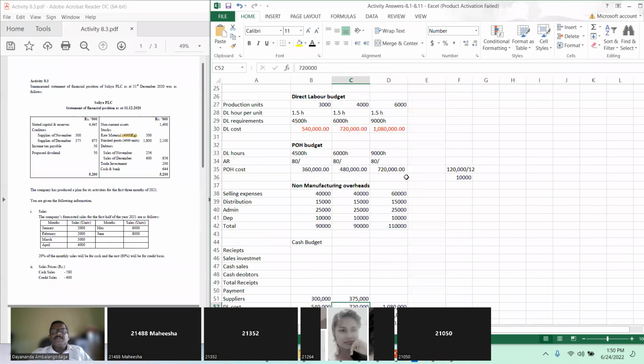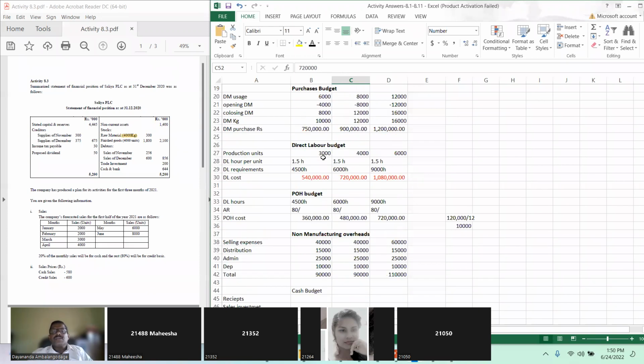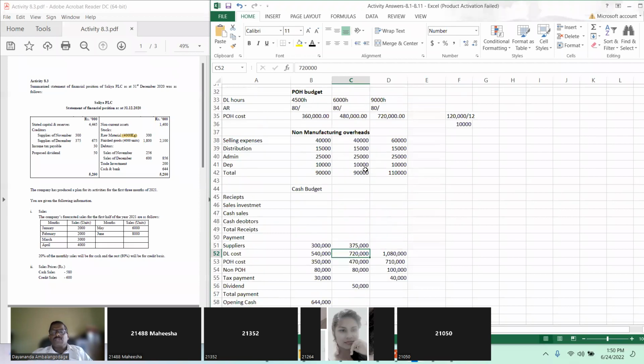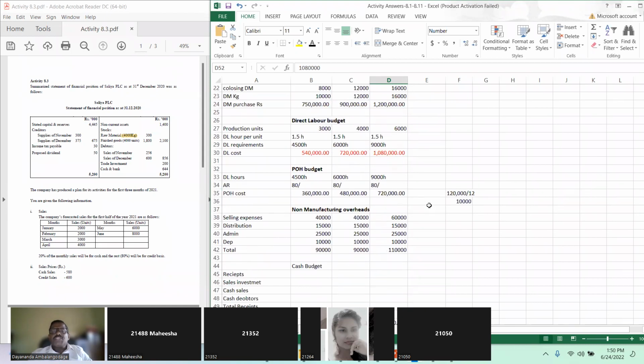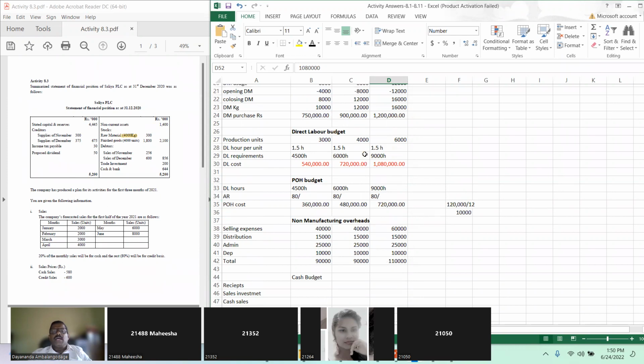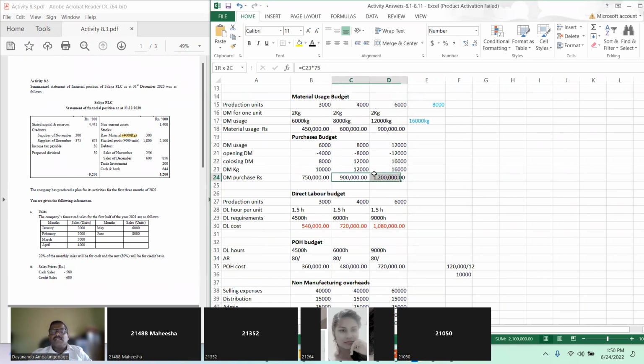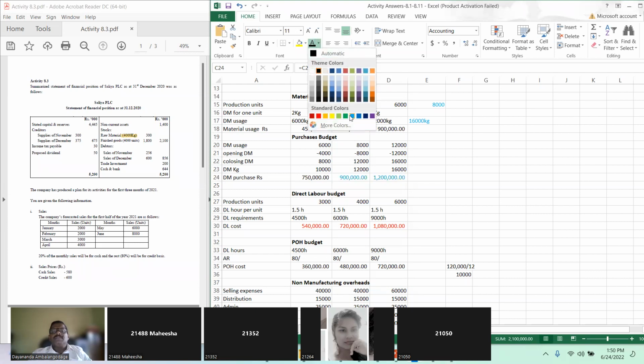Then this 300, supplier 750,000, we are making this one. And you have to remember which is not paid according to our scenario, which is not paid should come to the balance sheet.